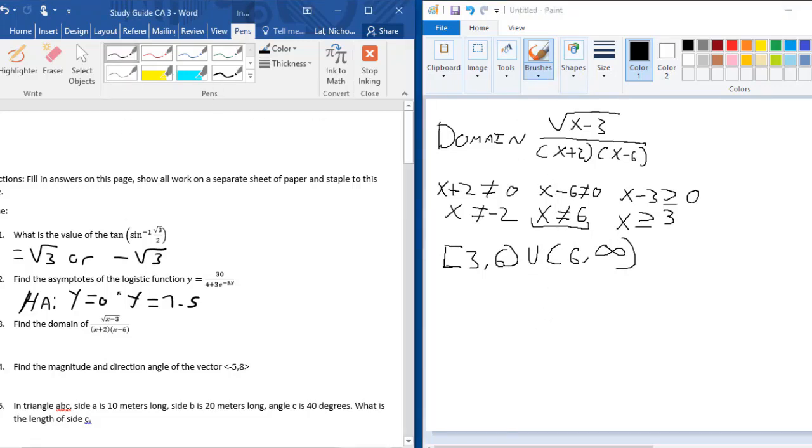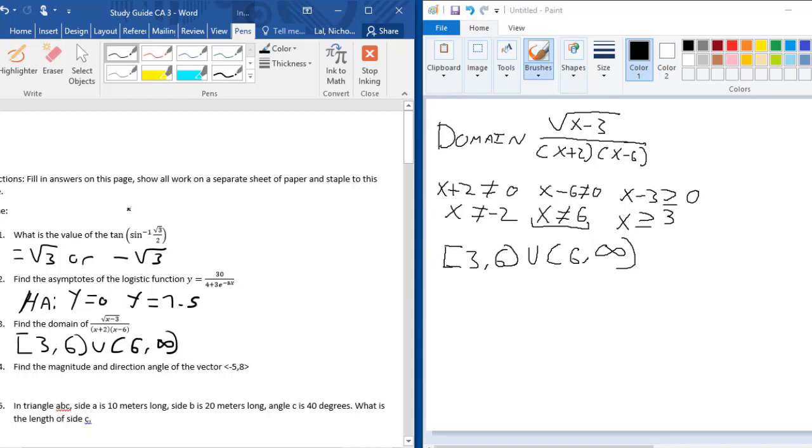So that's kind of how you would show your work. The domain in interval notation is from 3 bracket to 6 parentheses, union, 6 parentheses to infinity parentheses. All right.